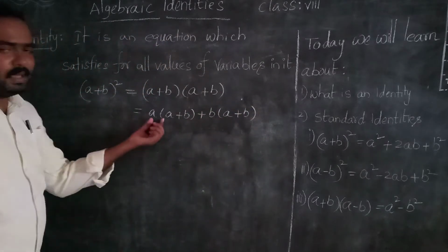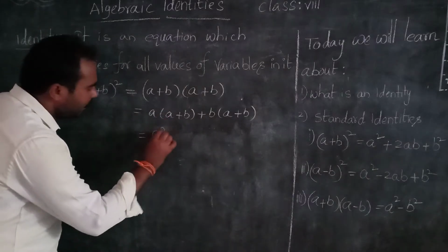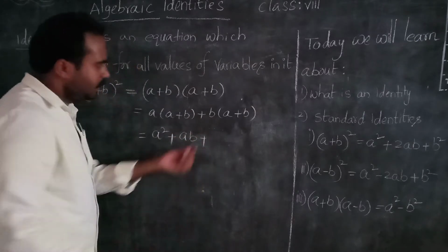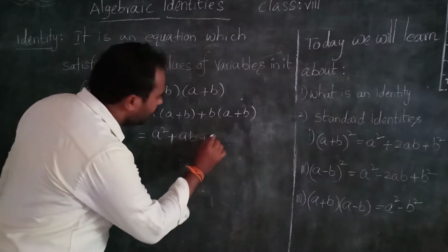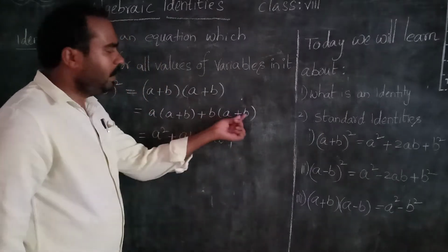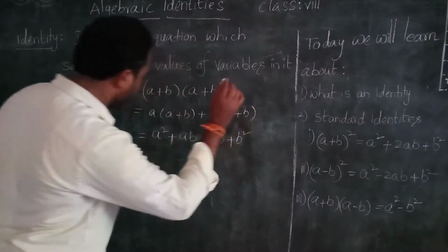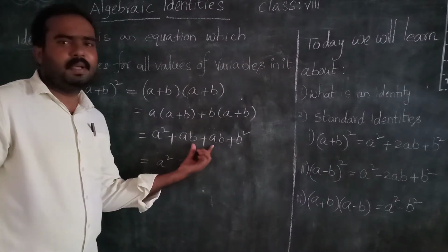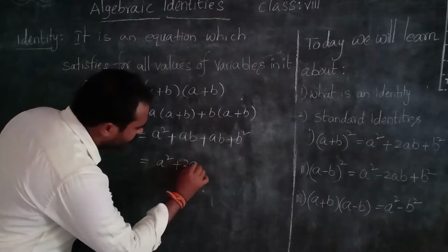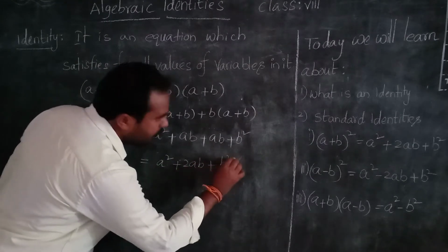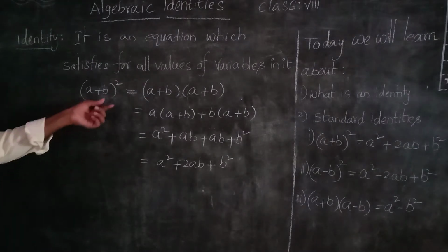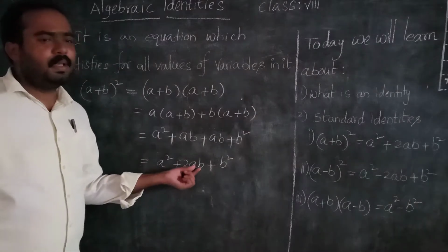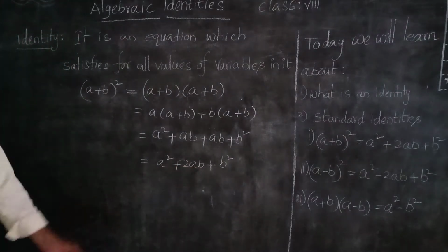That gives a into a, a square, plus a into b, ab, plus b into a, ab, plus b into b, b square. So that is equal to a square plus ab plus ab, 2ab, plus b square. So (a plus b) whole square is equal to a square plus 2ab plus b square.